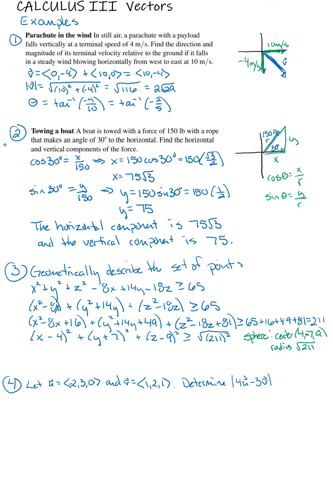Well, that means we are looking at all points outside the sphere that's centered at 4, -7, 9, with the radius square root of 211.